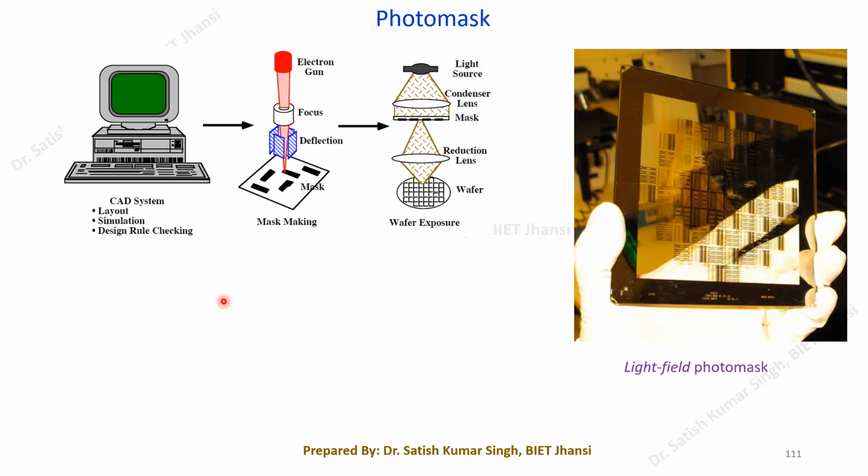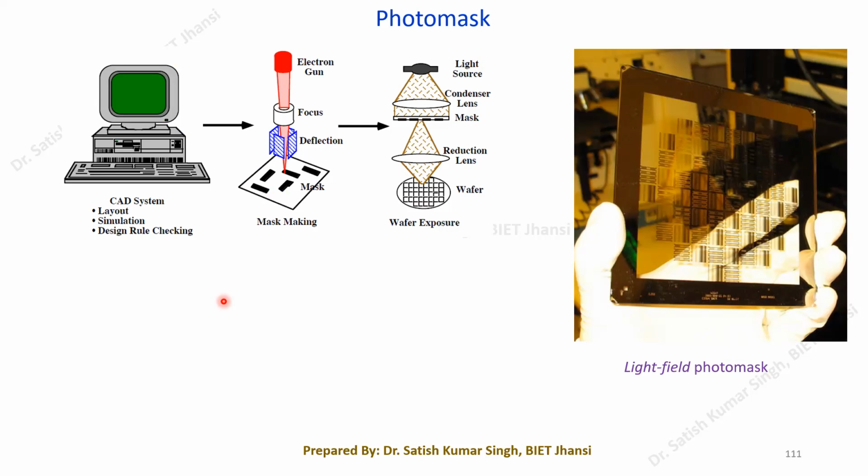Based on those features, particular software or CAD tools can be used for making the mask. So the first step is fabricating the mask, because in the optical lithography system it is necessary to have a mask, and that mask is designed following certain layout design rules.